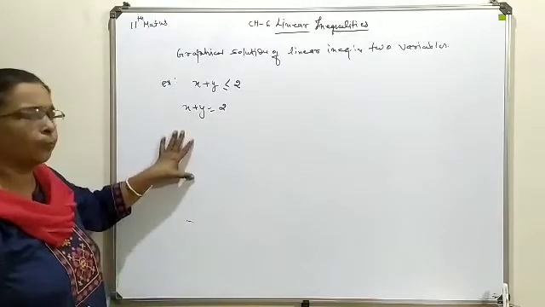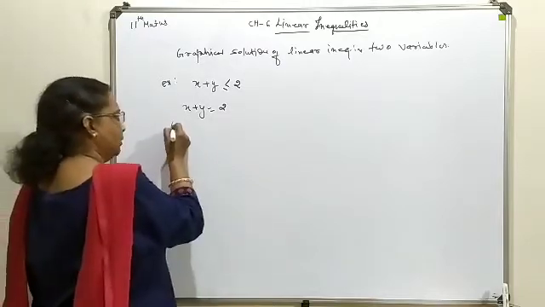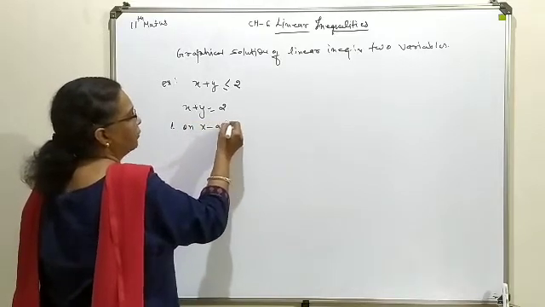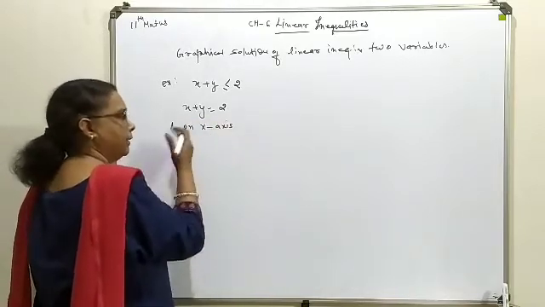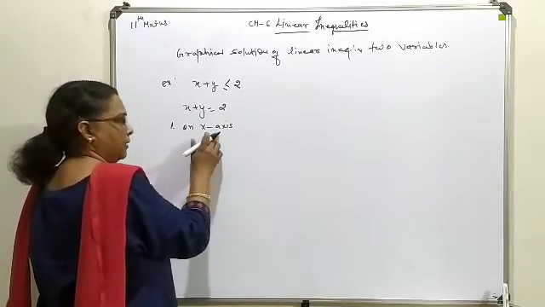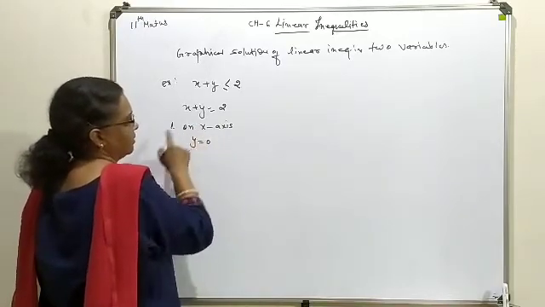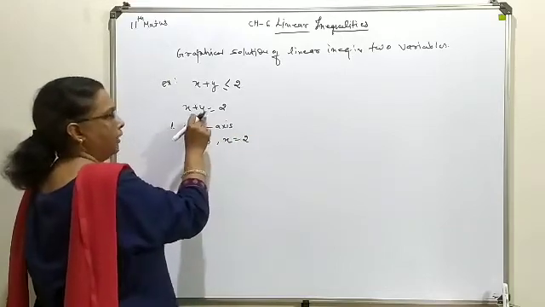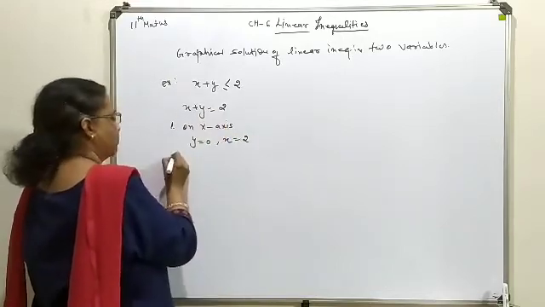So here 2 points we will evaluate. First of all, on x-axis, no need to write, just for your clarity I am writing, directly you can write it down. On x-axis, y coordinate we will take 0. So from here, x will come out as 2. Y coordinate 0 means x is equal to 2.